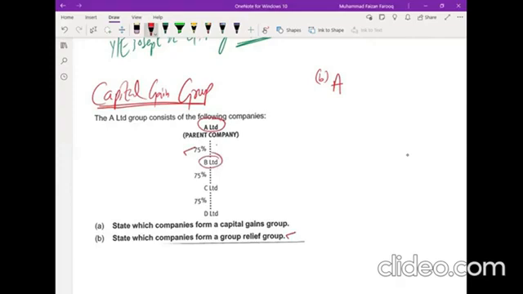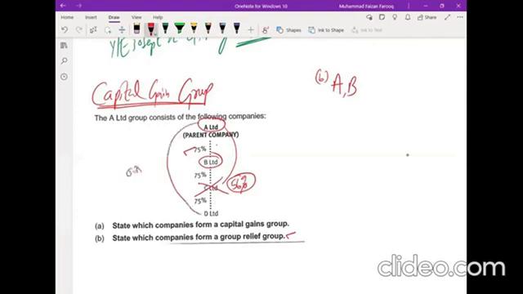Yes, B. For C, what you will calculate? Effective holding. How much is coming? 56.25. 56 point something, that is 56%. No need, right or wrong? Right. And what about D? D is more far.